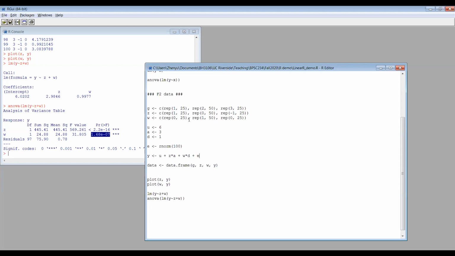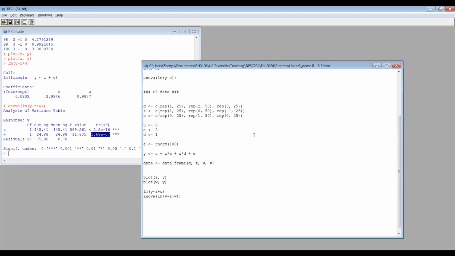I already uploaded this R code to iLearn. So please try running this code by yourself when you have time.